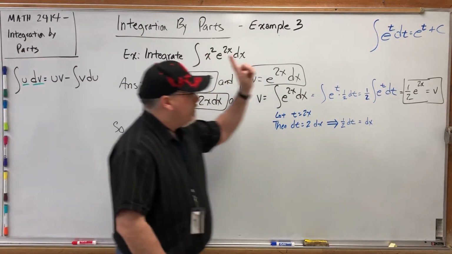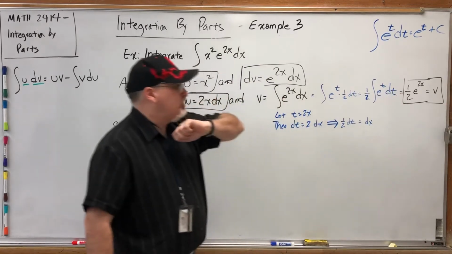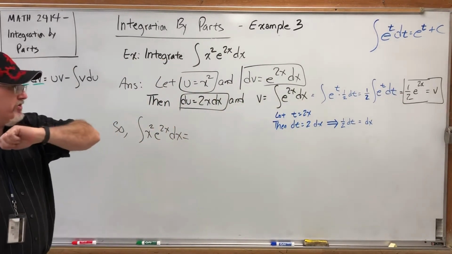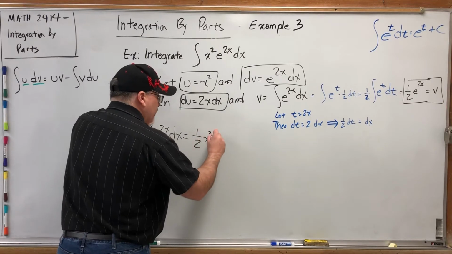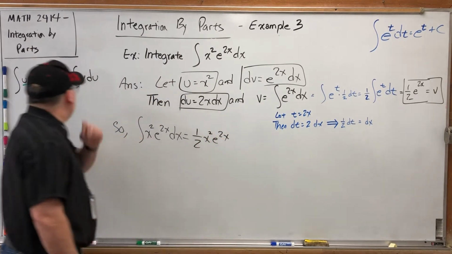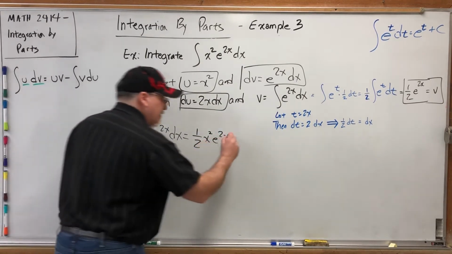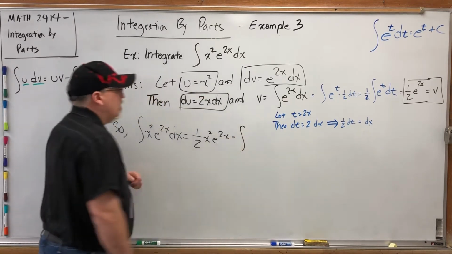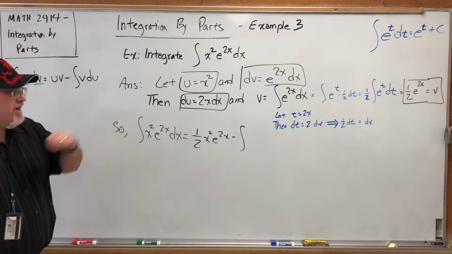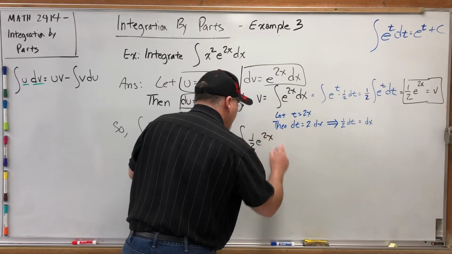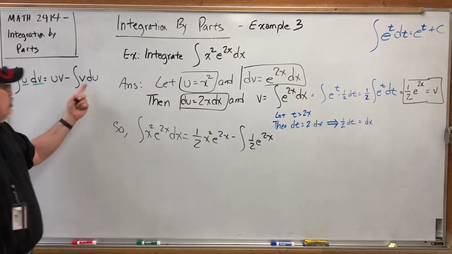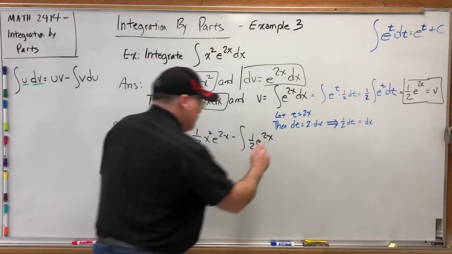So x squared times 1/2 e to the 2x. And in my opinion, the cleanest way to write that product is 1/2 x squared e to the 2x minus the integral of v, which is 1/2 e to the 2x, times du, which is 2x dx.